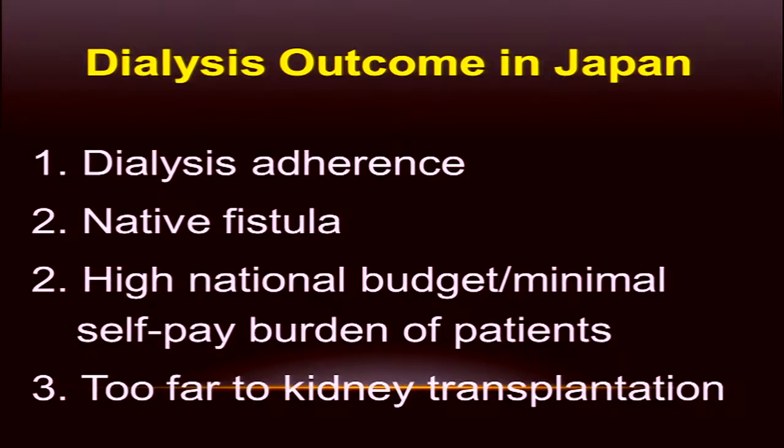So in my opinion, the relatively good dialysis outcome in Japan can be explained by dialysis adherence, native fistula, plentiful national budget, less self-pay of our patients, and less chance to get a kidney transplantation.